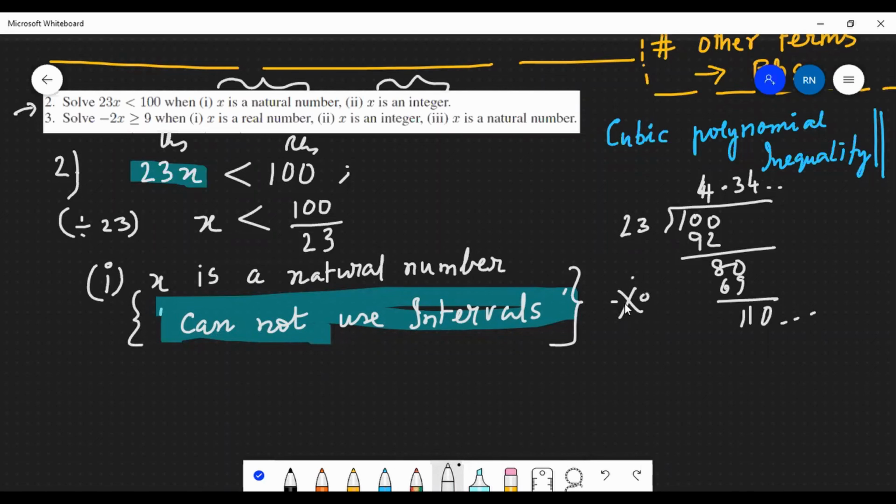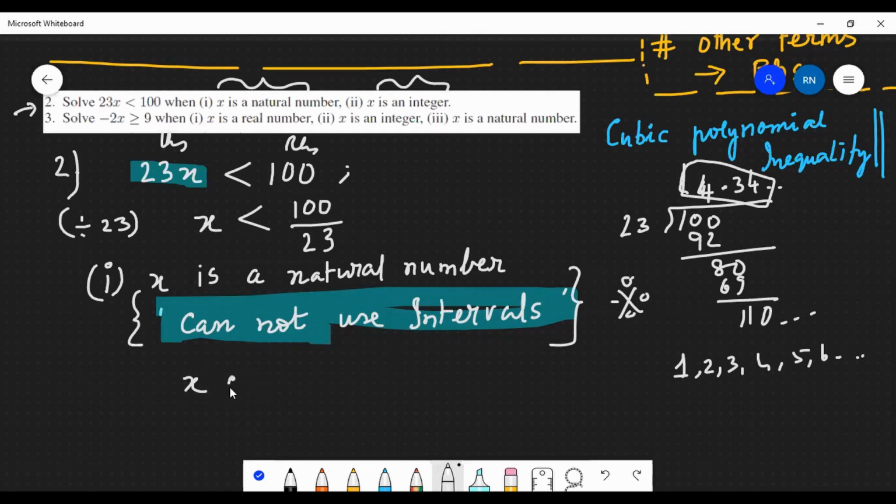So what is the other way? Natural numbers begin at 1, 2, 3, 4, 5, 6, etc. But what is the solution? x is less than 100 by 23. So x is less than 4.34, as you have done the long division. It is not necessary to do the long division. I am only going to show you what number you can give, where you will begin, where to end, you should know.